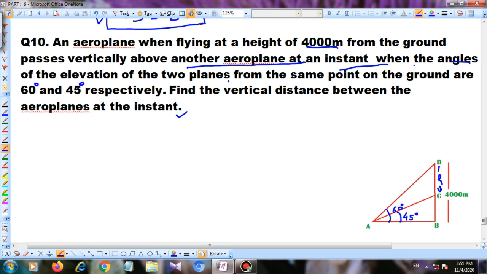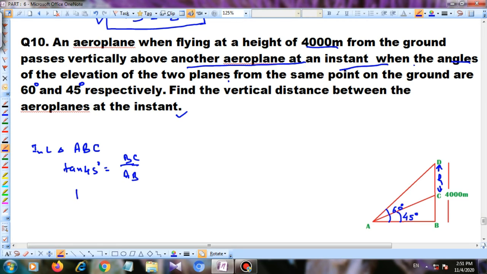Clear? So the two planes are at C and D. Clear? So here in right angle triangle ABC, tan 45 equals BC upon AB.